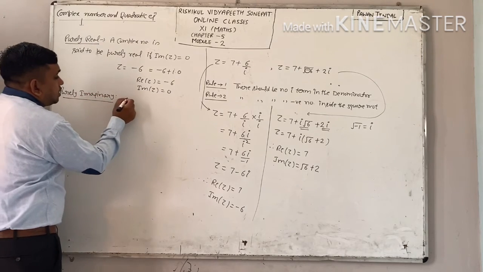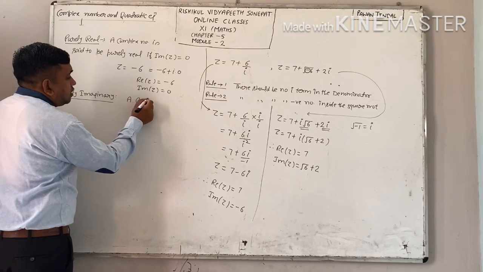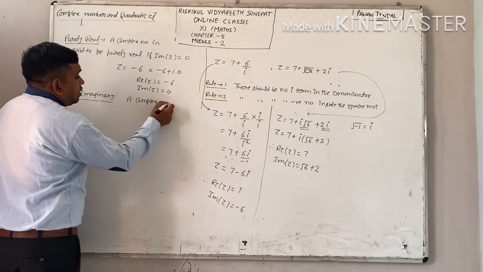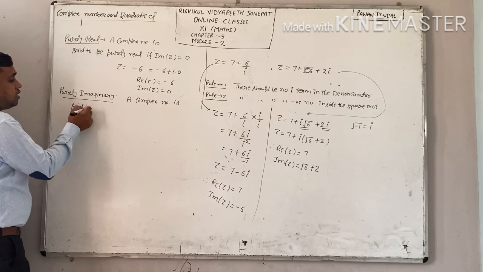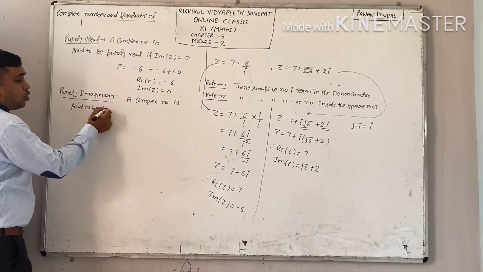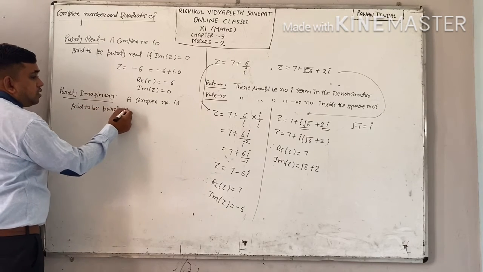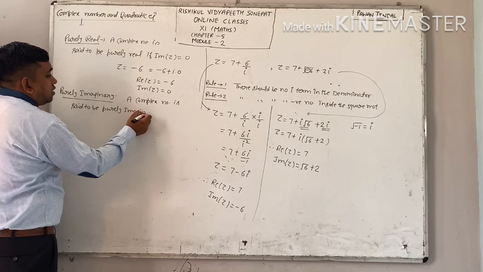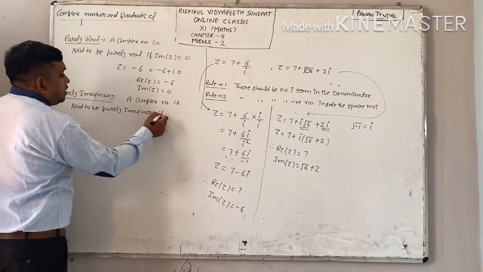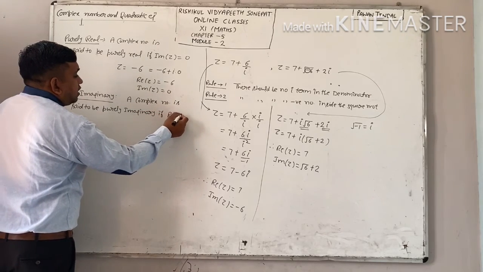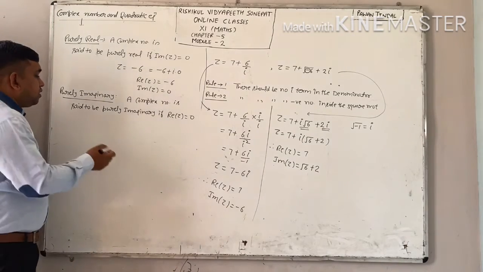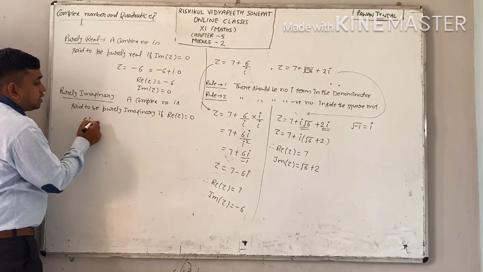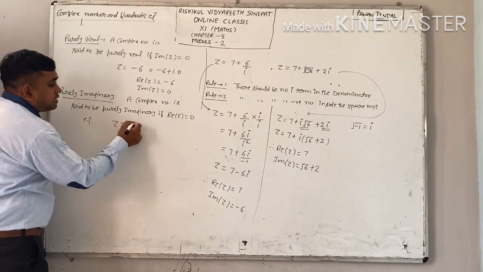A complex number is said to be purely imaginary if real part equal to 0. Means if its real part equal to 0. For example, I am taking z equal to minus 7 iota.